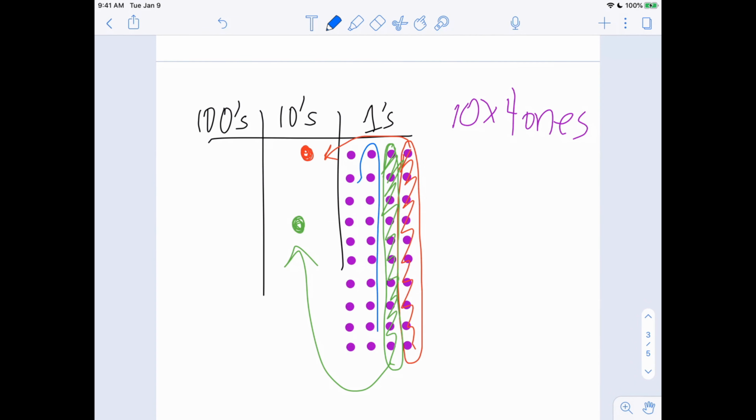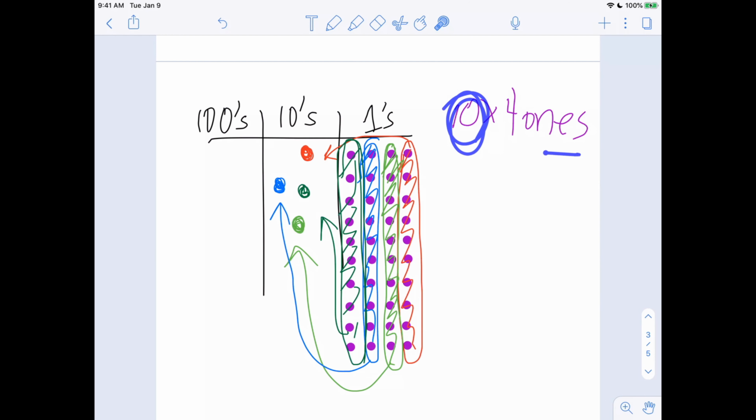Here's 10. Did I have to have 10 in a column? Nah, any 10 would do. I'm going to exchange those 10 ones for a unit in the tens column. And then the last one, let's do dark green. Here's 10 ones, and those can be exchanged for a 10.